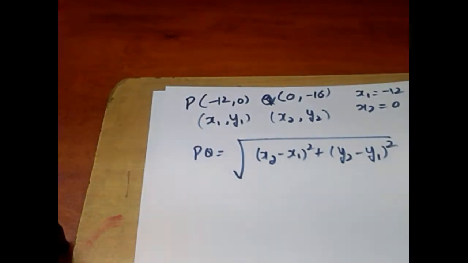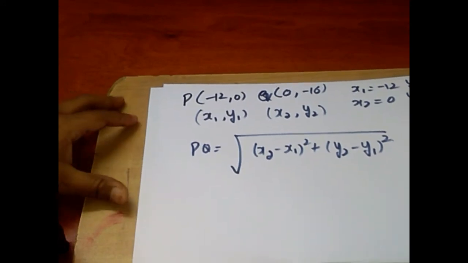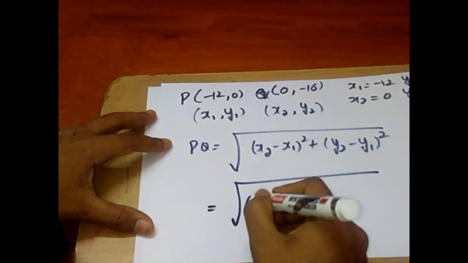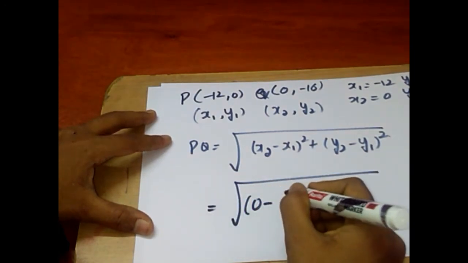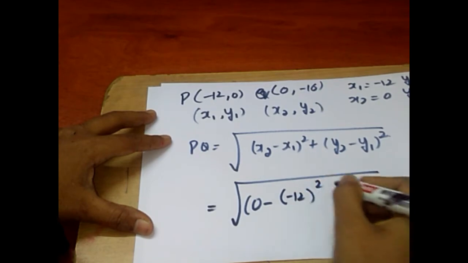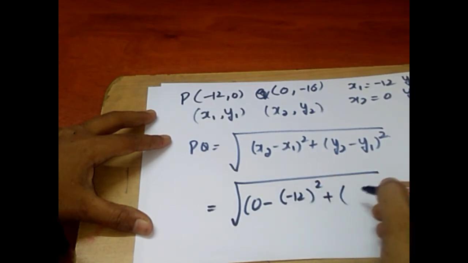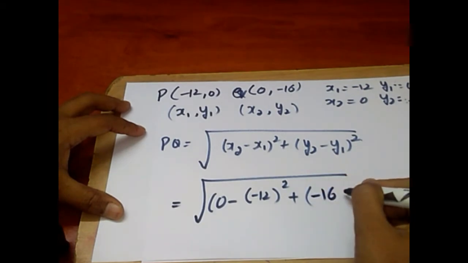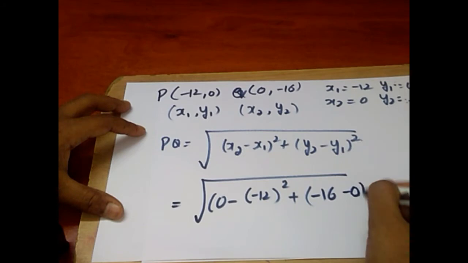Substitute the values children. The values are as follows. Zero minus of minus 12 whole square plus y2 value is minus 16 minus y1 value, which is 0.